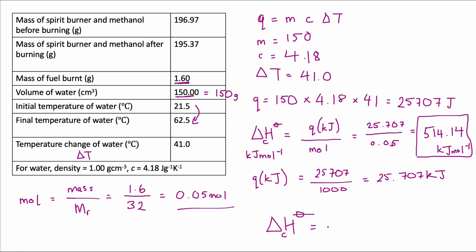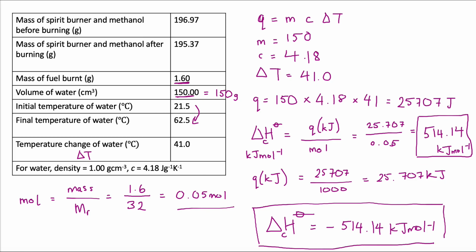And so our final answer is actually minus 514.14 kilojoules per mole. It's very important that you put that sign in because you lose a mark if you don't put that negative sign in. So our final answer for the standard enthalpy change of combustion of methanol is minus 514.14 kilojoules per mole.